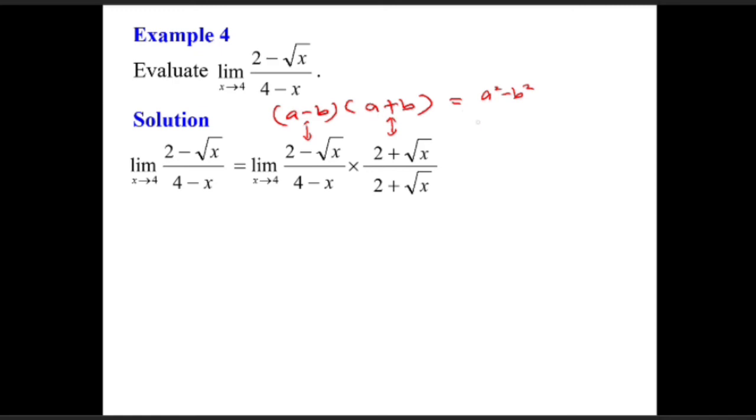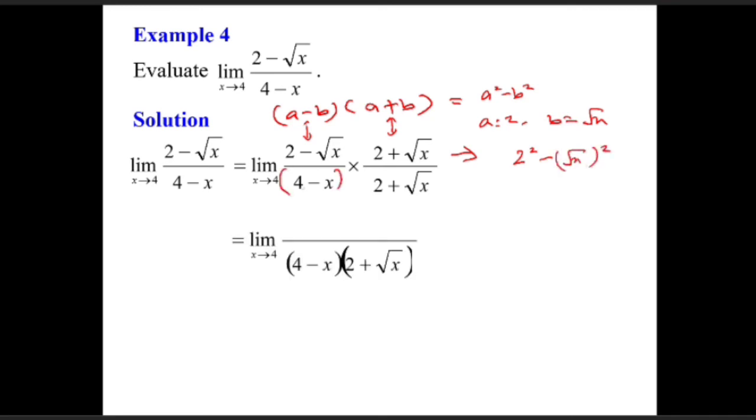So our a is 2 and our b is surd x. So according to the formula, it's just a squared minus b squared. So this means our numerator can be 2 squared minus surd x squared. And the tips that I've given you is, if you expanded the numerator, you don't have to expand the denominator. So after you have expanded, what you get is 4 minus x, because surd x power 2 is just x power 1.